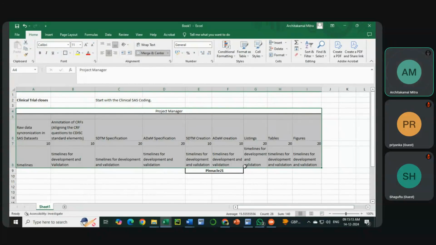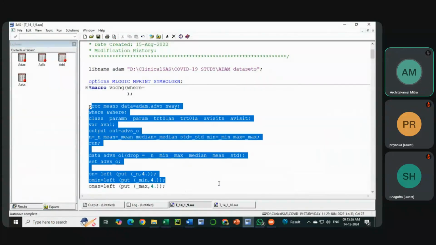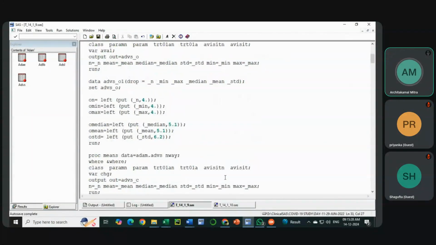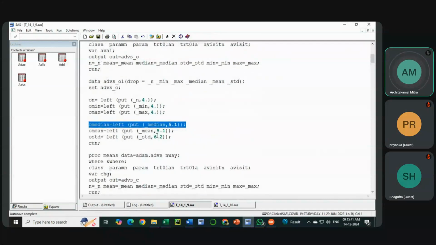This is something people will be looking into, and some basic level of coding, because this is something you will get from Google as well, right? For example, how to constrict a number in SAS if I need one decimal figure. You will get all these things, and you can take it.